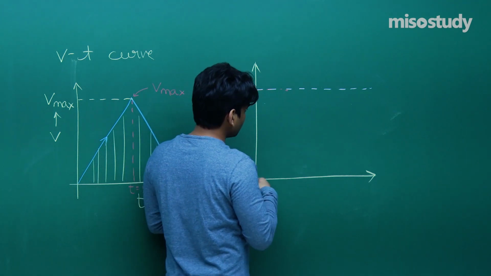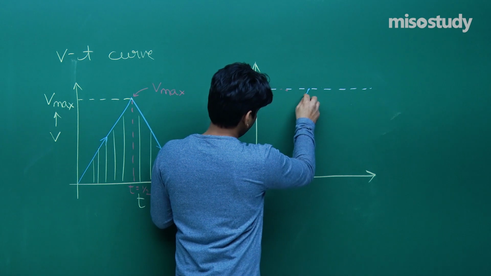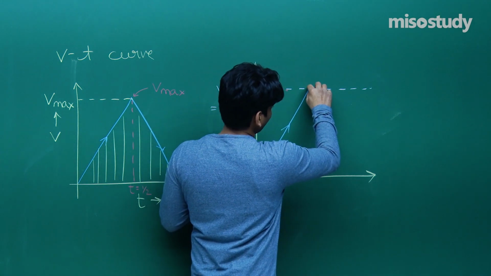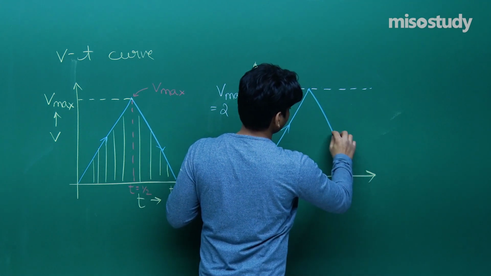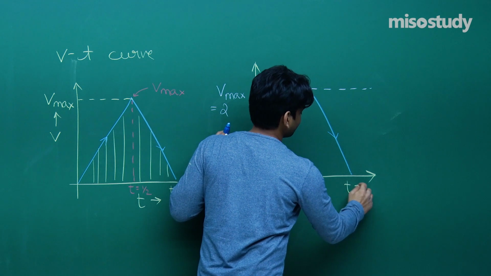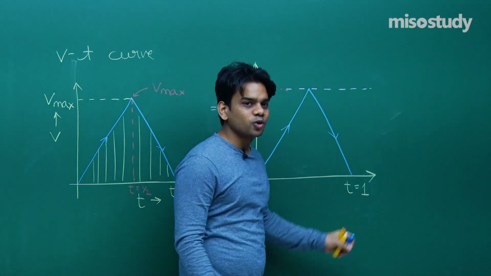So I'm going to show you a curve from t equals 0 to t equals half where the particle velocity is increasing, and then from t equals half to t equals 1, the particle velocity is decreasing. So we got that the maximum velocity is 2 and this is time t equals 1.